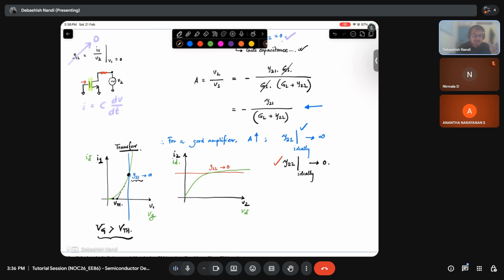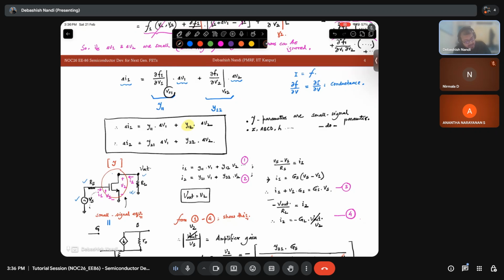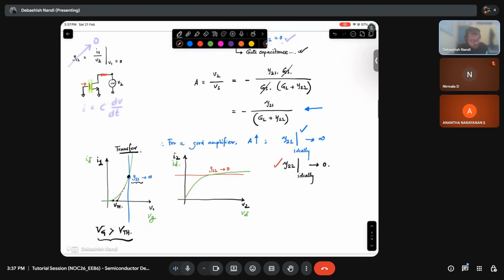The bias point also determines the Y11 small signal parameters, because it is a nonlinear characteristic. The derivative will depend on at what point I am differentiating the curve. So my bias point should be in the inversion region, or we call it above threshold. And what about in case of output characteristics? My bias point should be in the region where my output characteristics is almost flat. What is that region? That is my saturation region.